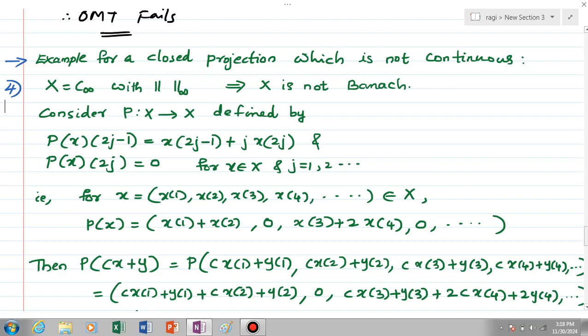That is, for x = (x(1), x(2), x(3), ...) in X, we have defined P(x) so that the first coordinate is x(1) + x(2), the second one is 0, the third one is x(3) + 2 times x(4), and the fourth one is 0, etc. That is, in the even places we have 0, and in the odd places we have x(2j - 1) + j times x(2j).